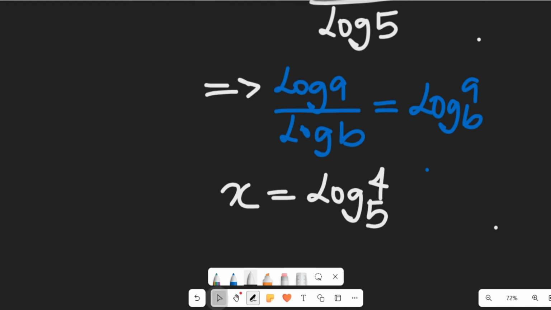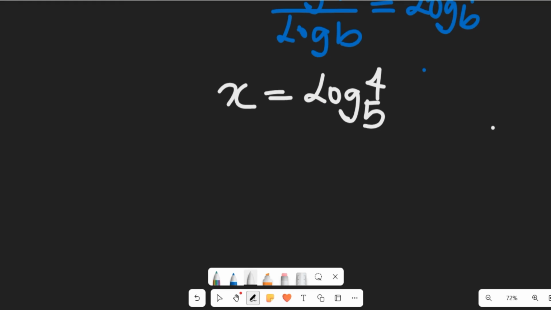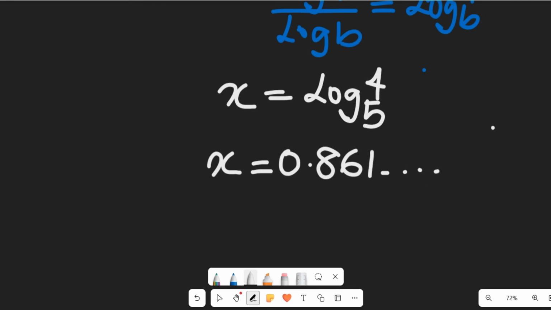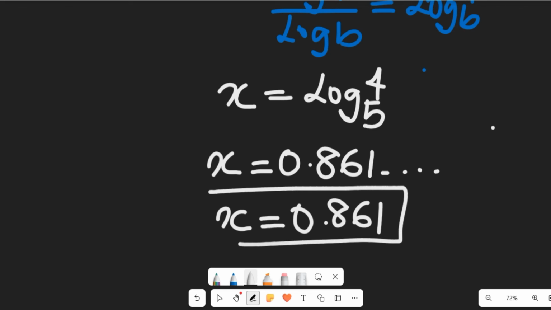Now, if you put it in your calculator, log of 4 base 5 gives 8.861 and on, because the solution will be an irrational number. If we approximate it to 3 decimal places, the solution will be 8.861. That's the value of x that satisfies the exponential expression given to us.